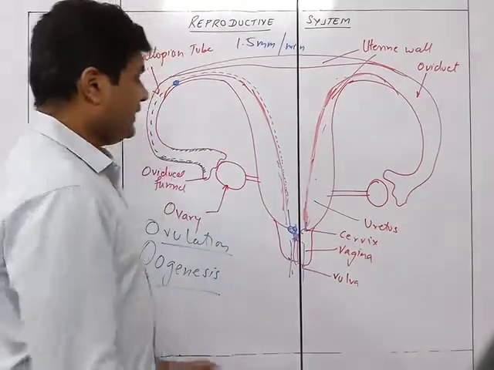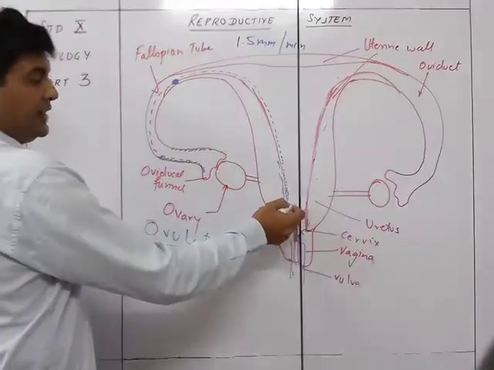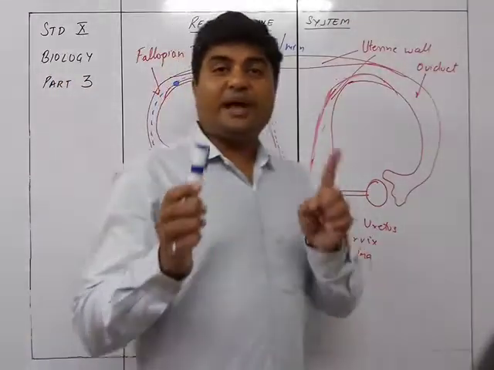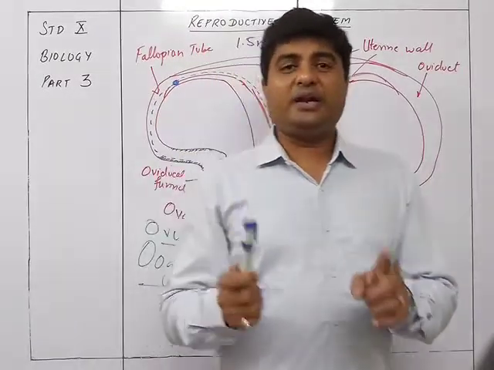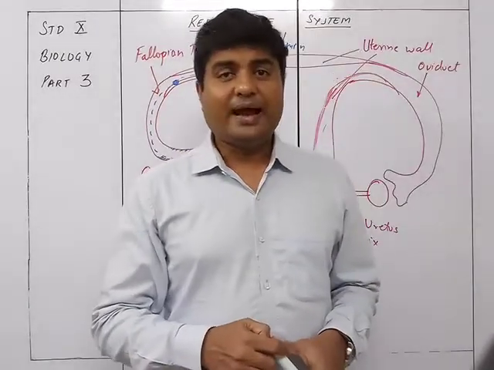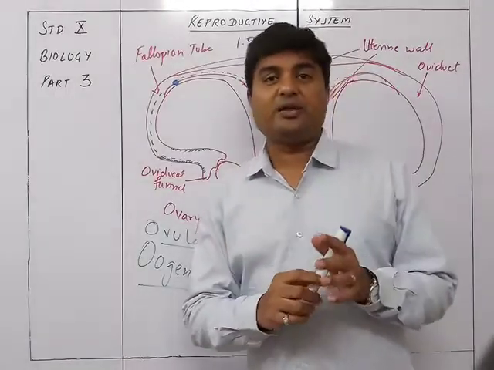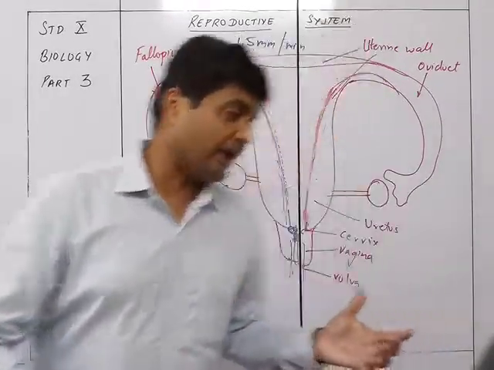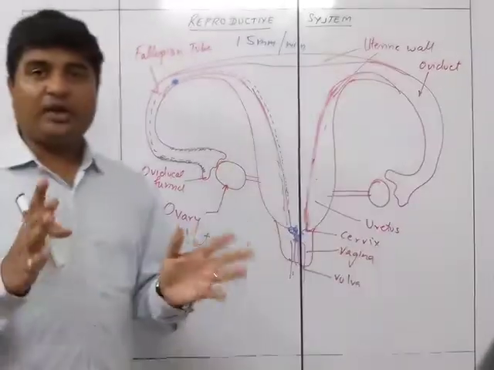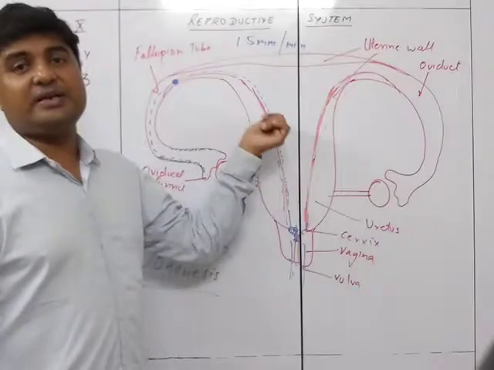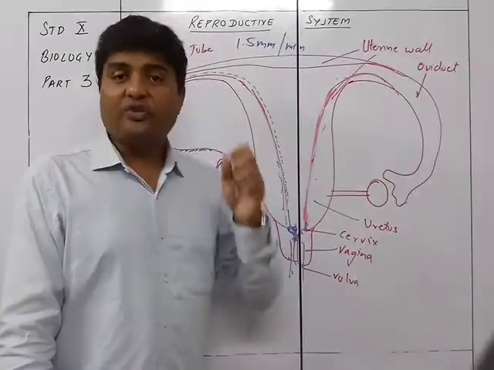If the sexual act has taken place within the 15th to 28th day of the cycle, then there will be an egg present over here which has a chance of getting fertilized.